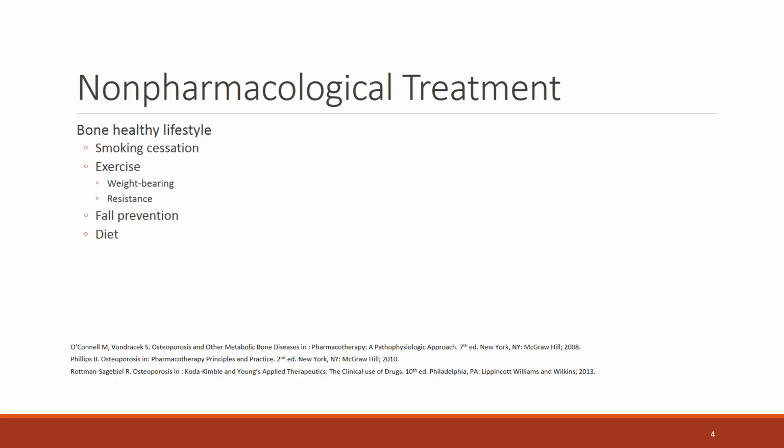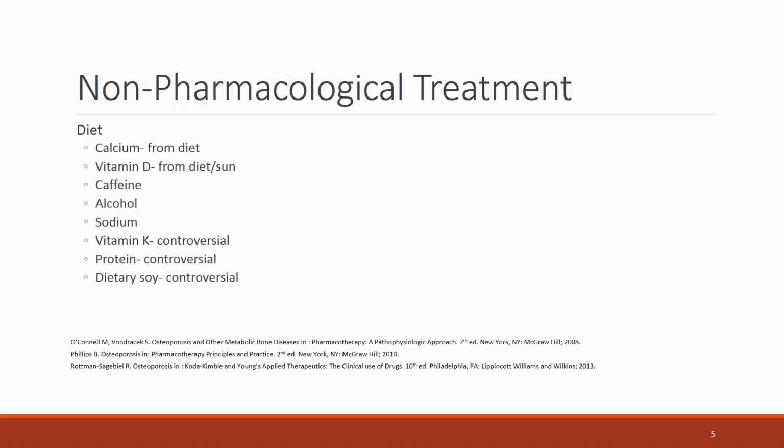And then looking at a healthy diet that includes enough calcium and vitamin D. From our diet, we do need the calcium. We get that. We get vitamin D both from our food as well as the sun. Caffeine and alcohol all can be somewhat negative for the bone, so we want to avoid excess, alcohol especially.